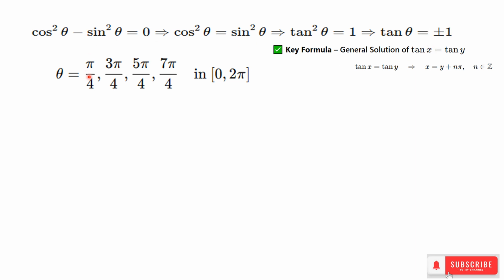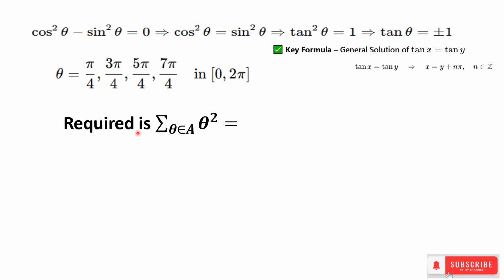First is π/4, then 3π/4, then 5π/4, and finally 7π/4. That is, tan π/4 is 1, tan 3π/4 is minus 1, tan 5π/4 is plus 1, and tan 7π/4 is minus 1 in the fourth quadrant.